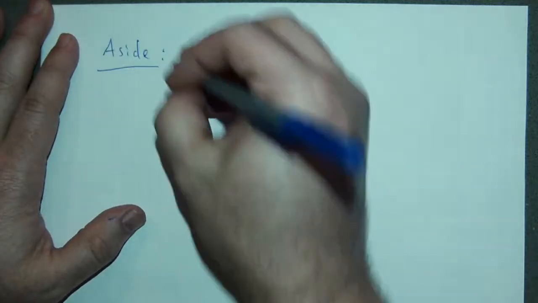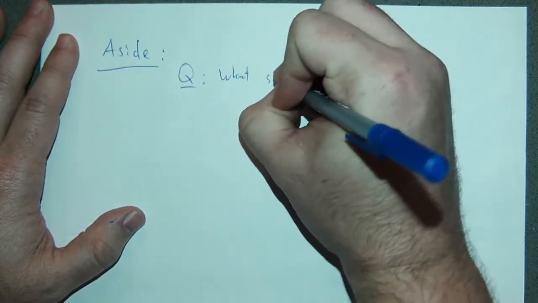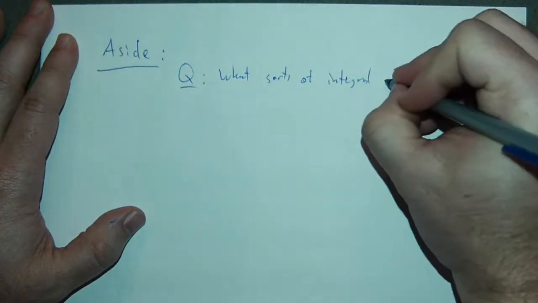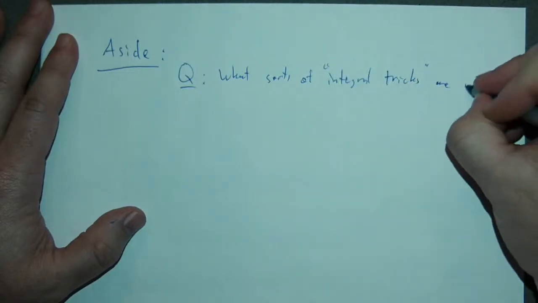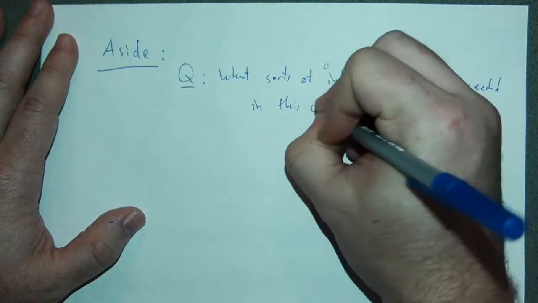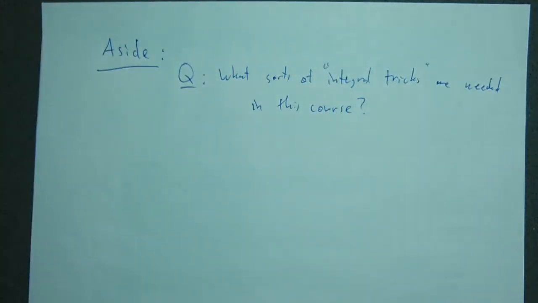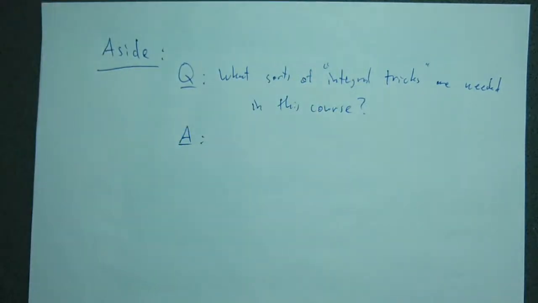Maybe the best way to phrase that is the question: what sorts of integral tricks are needed in this course? Okay, so here's the answer. I'll try to be exhaustive and try not to forget anything.